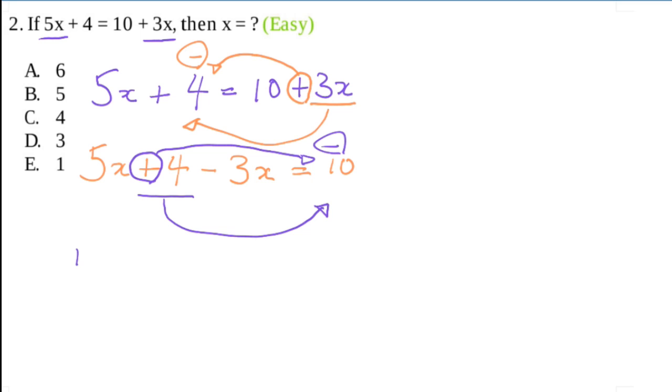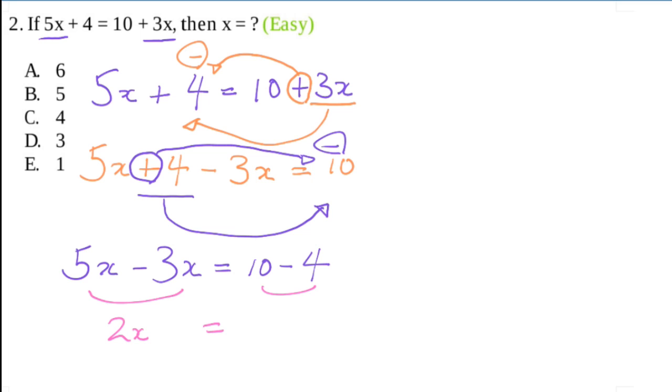So if you rewrite the equation, it's going to look like 5x minus 3x is 10 minus 4. Simple math. This is going to be 2x equals 10 minus 4 equals 6.